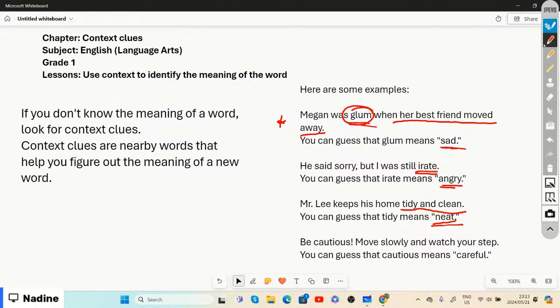All right. It says: be cautious. Move slowly and watch your step. Be cautious. Move slowly and watch your step.